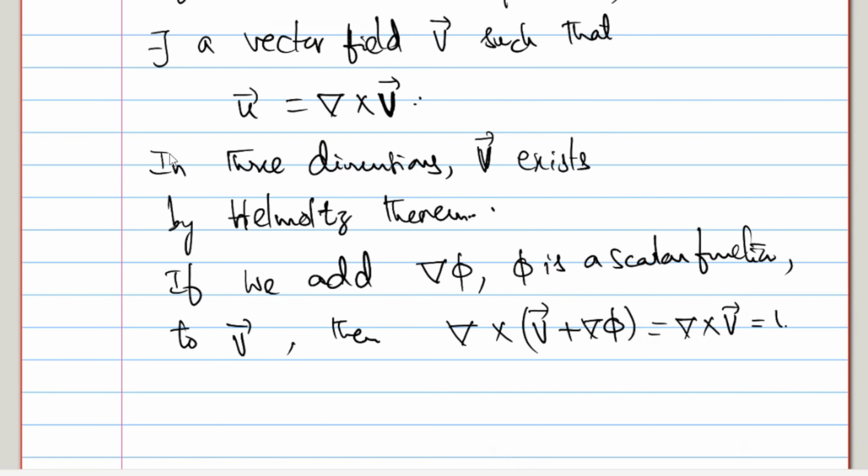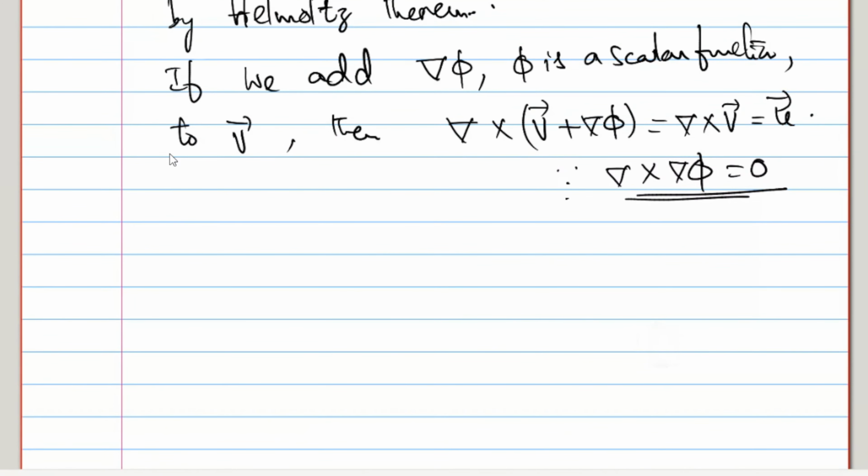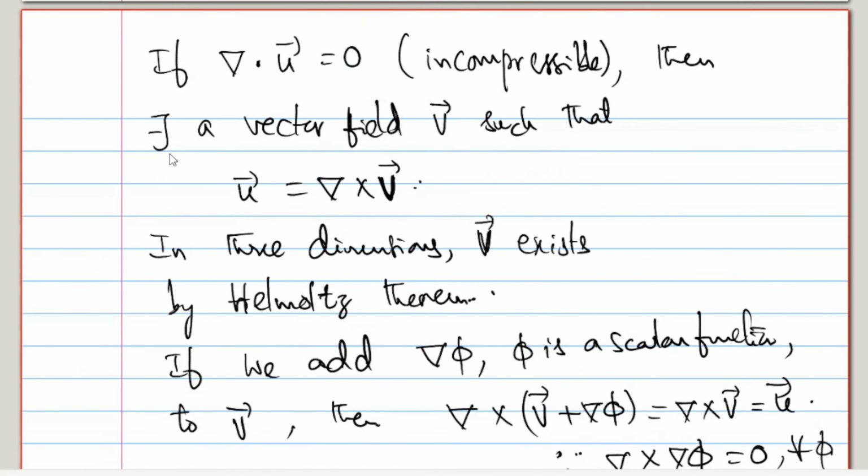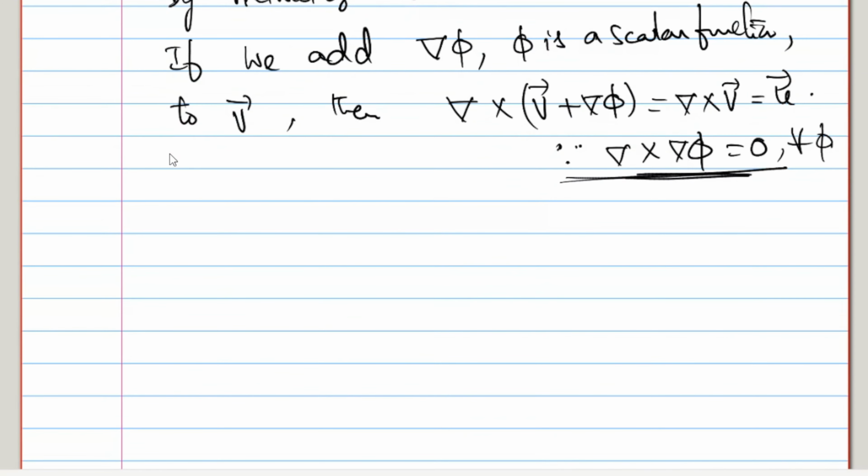Which is still u only. Because del cross del phi is 0. Curl of gradient is 0, right? These are standard results. Since this is always true for every phi, you don't gain anything here. So there is no unique V. That implies there is no unique V.